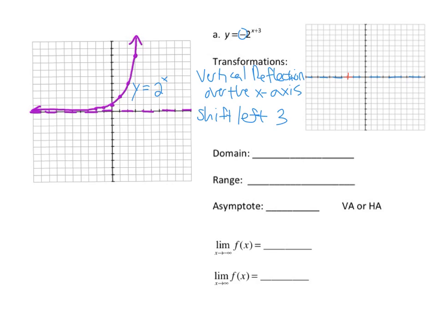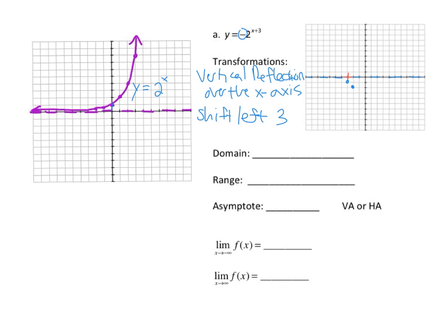Now, normally, for my first point, I would start at the origin and go up 1, but instead of going up, I'm reflecting over the x-axis, so I'm going to go down 1. Right there. And then my next point would normally go right 1 up 2, but I'm going to go right 1 from my starting point and down 2.